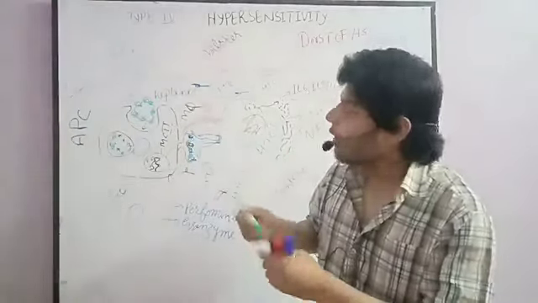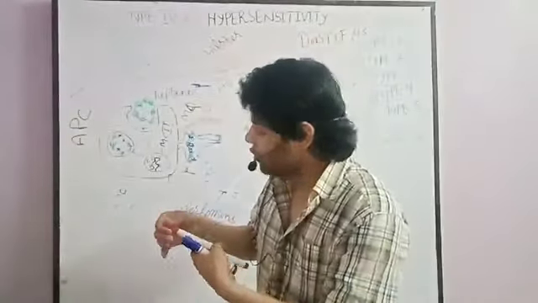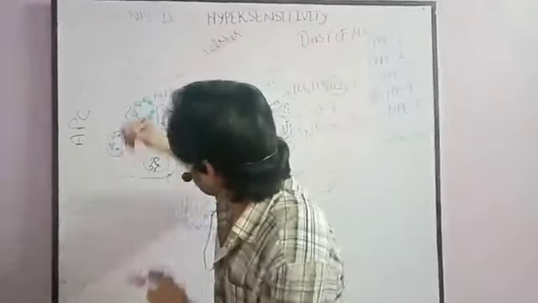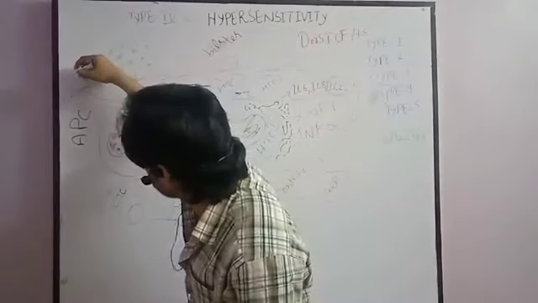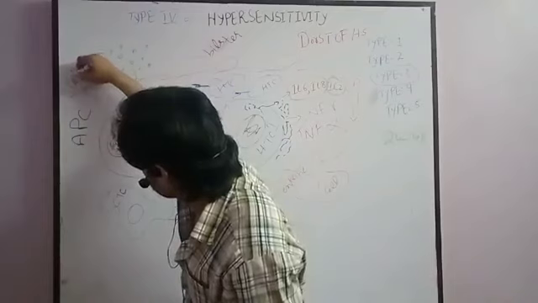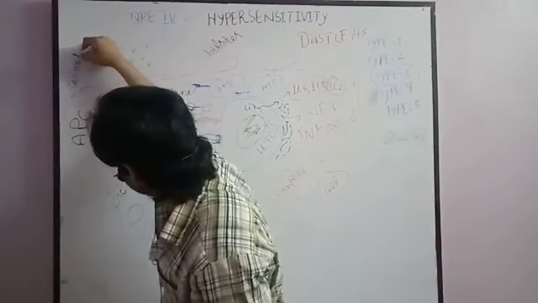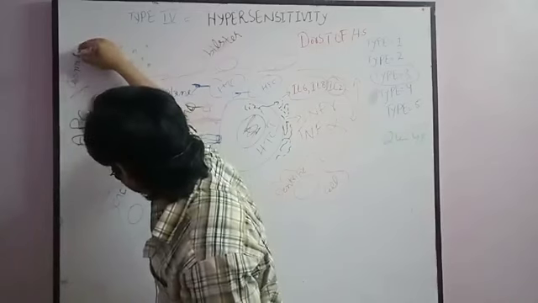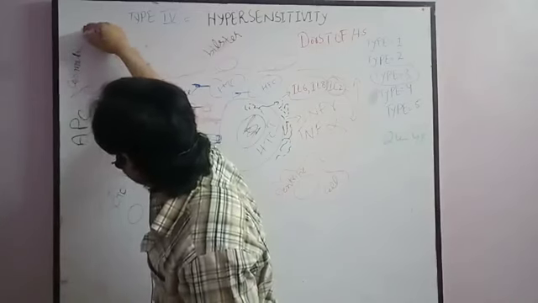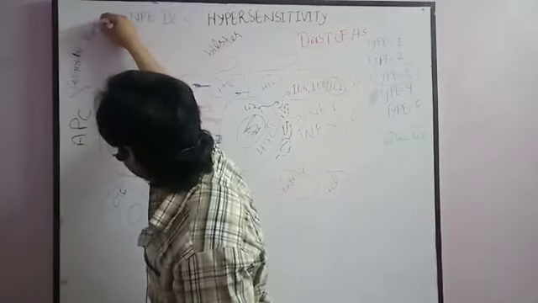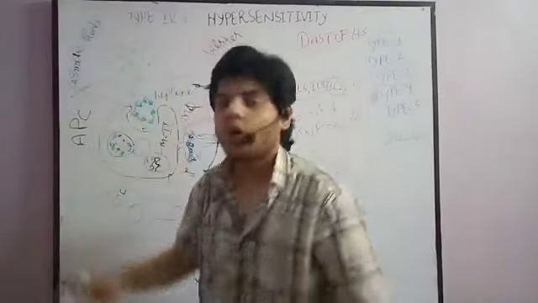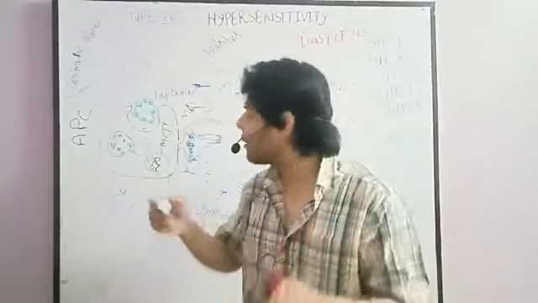We have different kinds of examples of haptens. So let me write it. We have cosmetic plants. In cosmetic plants, we have what? We have poison oak and poison ivy.